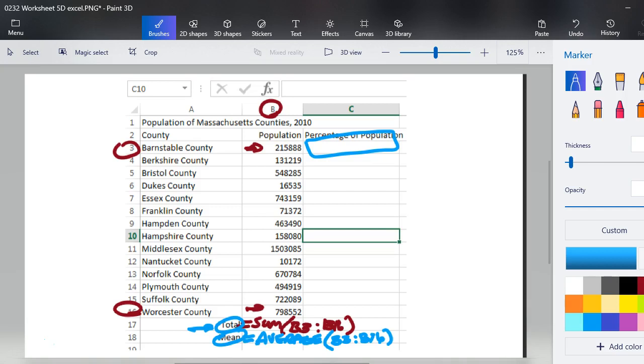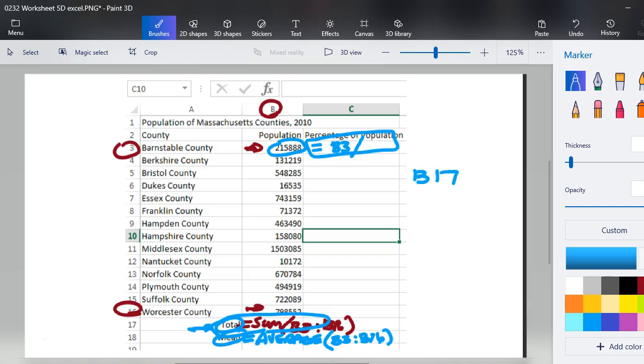And what we did by hand, we didn't say equals, but that's what we got to tell Excel. We took the population sitting in this cell, which in this case would be B3, and we divided it by the information down in this total cell, which is officially B17.